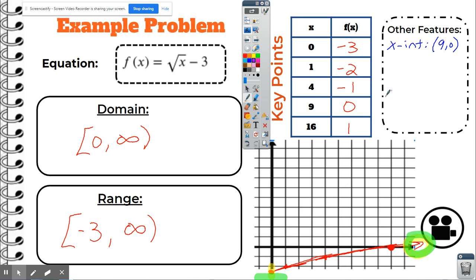The y-intercept is where it crosses the y-axis, and it crosses at this particular point, 0, negative 3. Then take a look at your endpoint. I have a solid point down at this bottom portion here. Would that be considered a minimum or maximum? Would that be the lowest point, or the highest point? In our case, we would have a minimum endpoint.